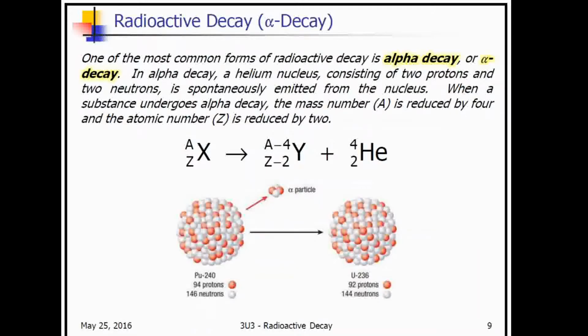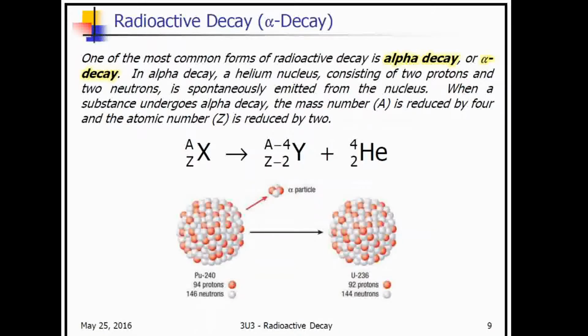So it has 94 protons and 146 neutrons. As it undergoes alpha decay, it loses a helium atom, which causes the entire mass of the plutonium to change by 4, and that basically means that there was a drop of 2 protons and 2 neutrons.